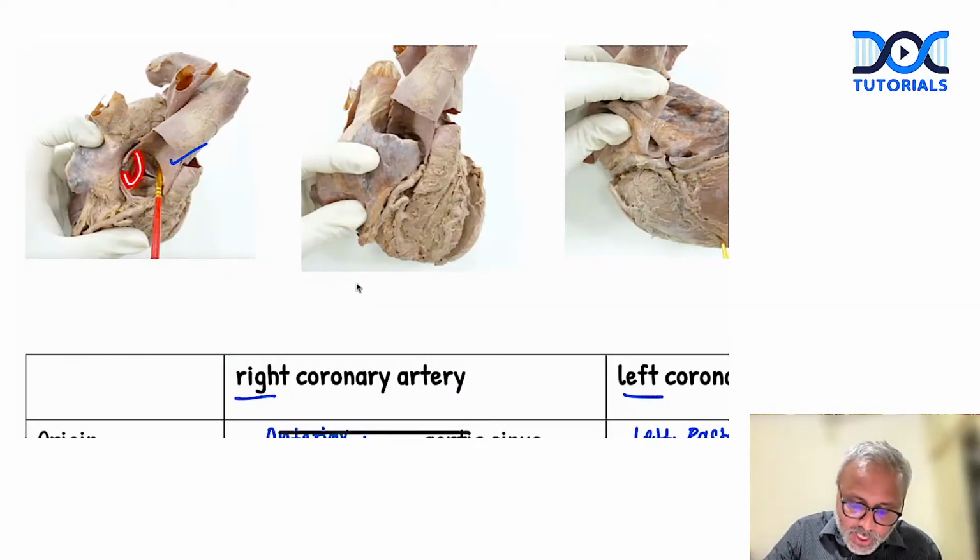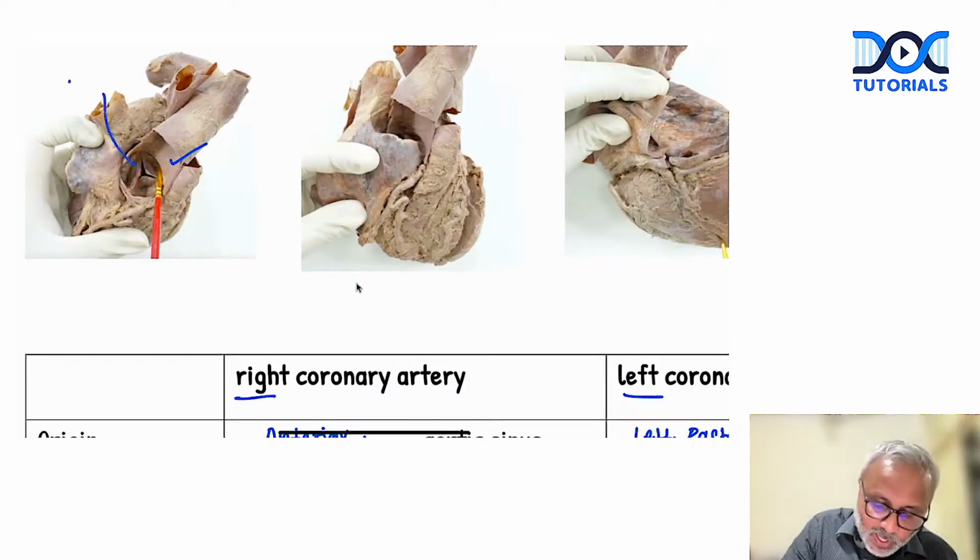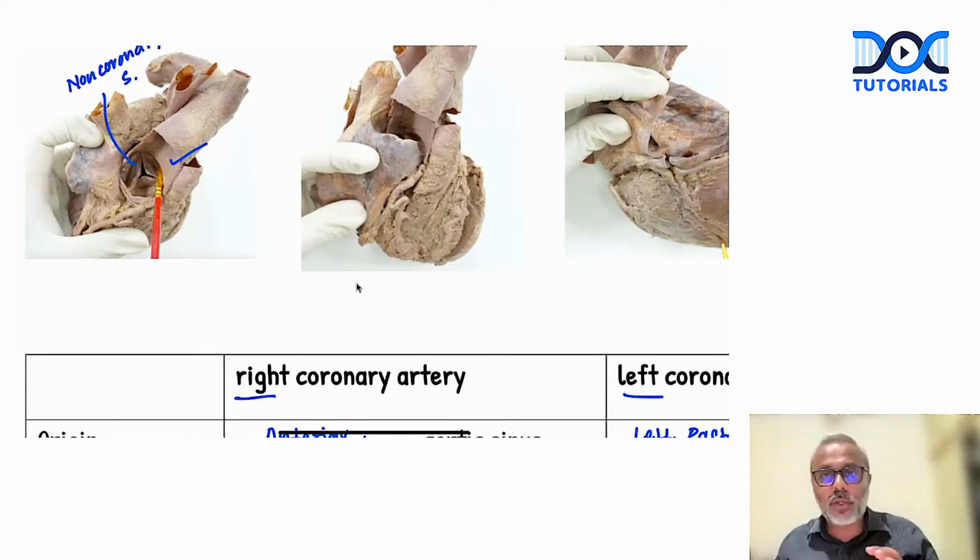The right posterior sinus, this is very peculiar. It is called the non-coronary sinus because it does not give origin to any coronary artery. Are we clear? Right. This is regarding the origin, and this gives us a better understanding of what aortic sinuses are. This is a very important MCQ for your entrance exam, right?